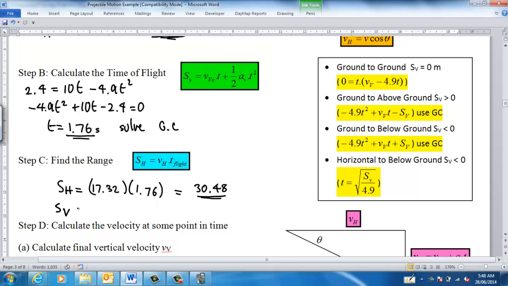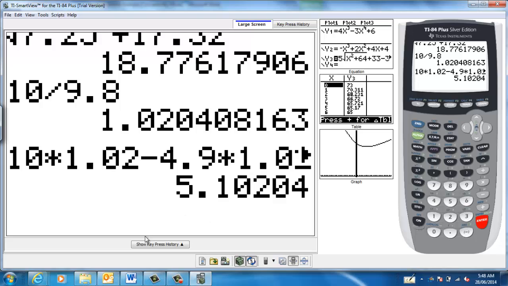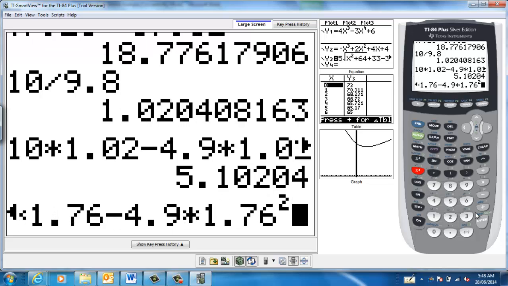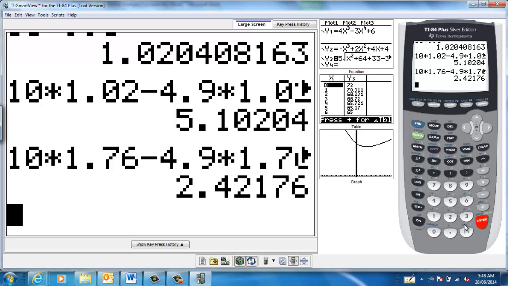We could say SV is equal to the initial vertical velocity 10 times by 1.76, take 4.9 times by 1.76 squared. So we did that calculation: 10 times 1.76, take 4.9 times 1.76 squared, enter, and we get a height of 2.4 metres, 2.42 metres.